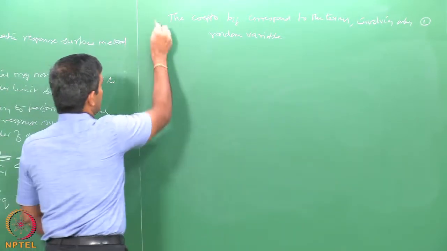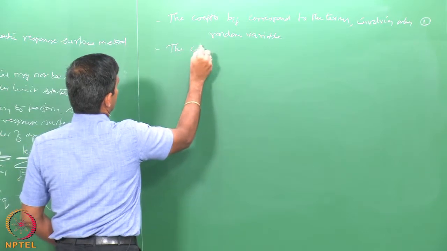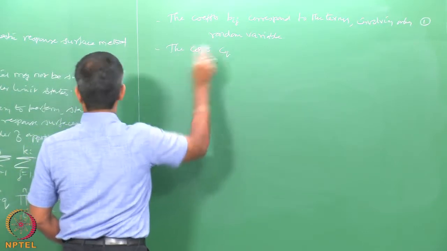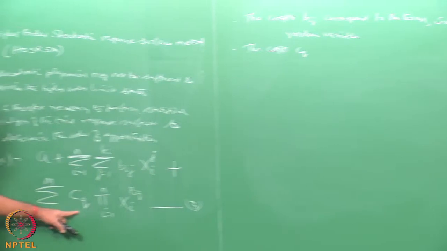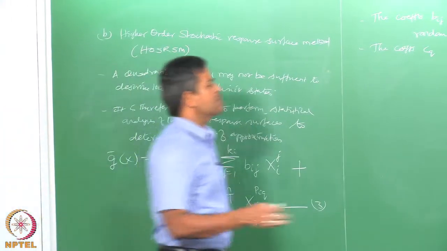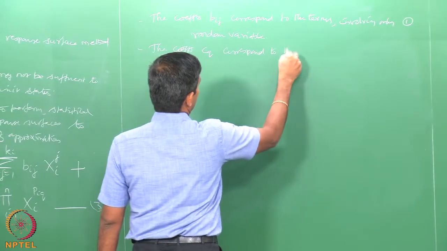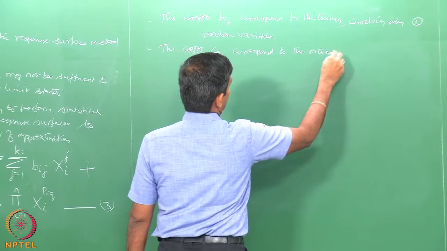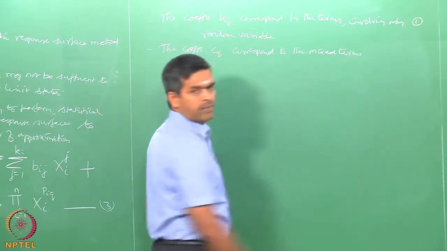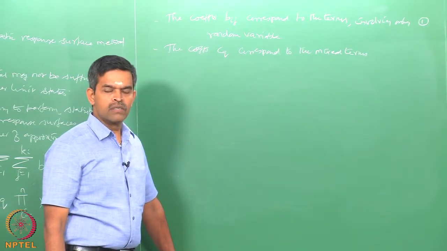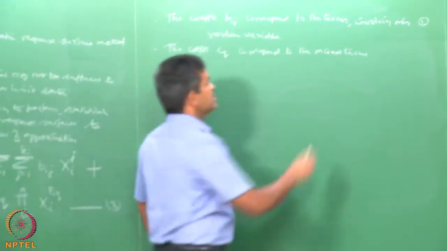The coefficient c_q, that is here, corresponds to the mixed terms involving the product of two or more random variables.